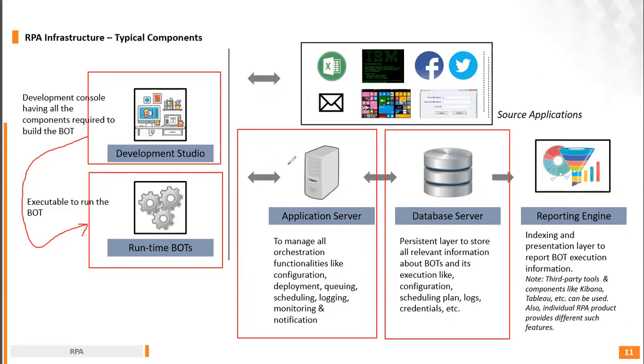Right. So application server, what is this? This is called the orchestrator. The development robots are connected to this. Studio is connected to this. Application server or orchestrator is where we do all different kinds of stuff.